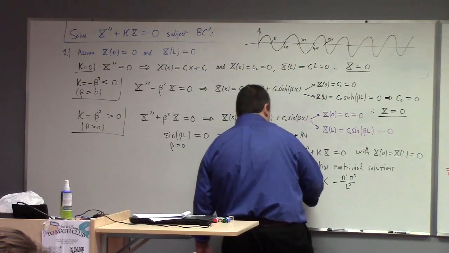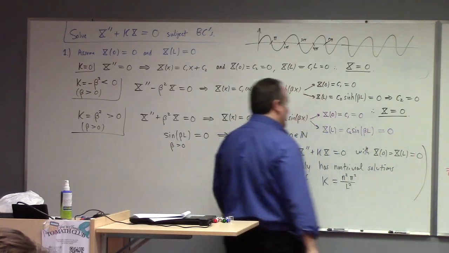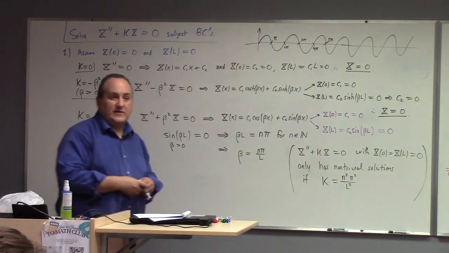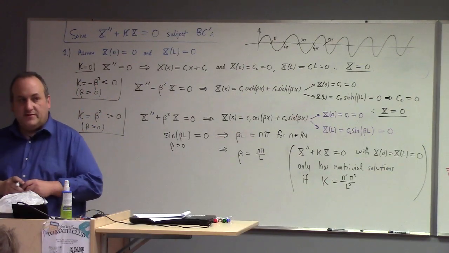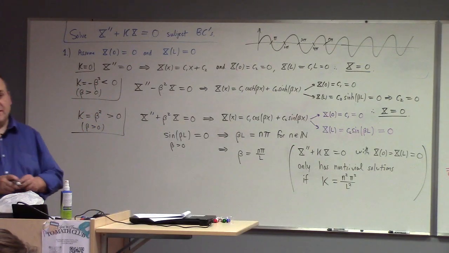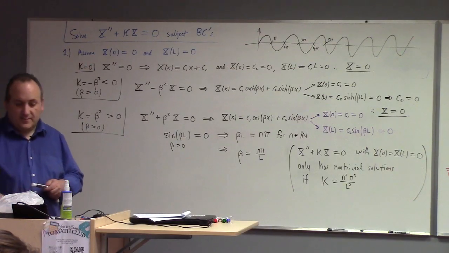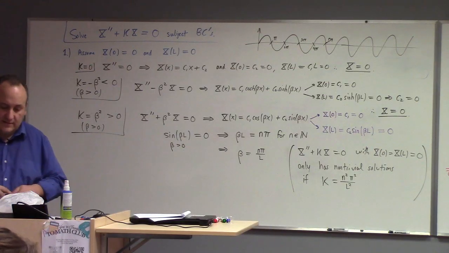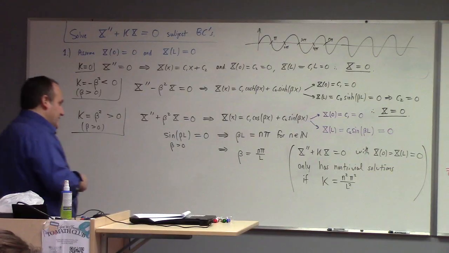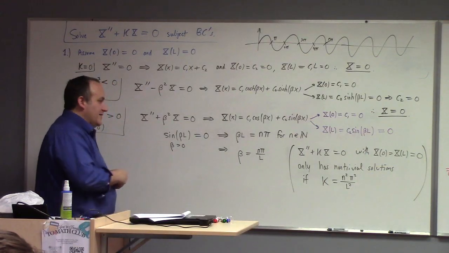This is bizarre relative to what we've done up to this point in the semester. I mean, we solve a differential equation and we think nothing of whether it has solutions or not, right? Of course it has solutions, because we've always been working with initial value problems up to this point. And initial value problems have solutions because the existence and uniqueness theorems for initial value problems are very forgiving.